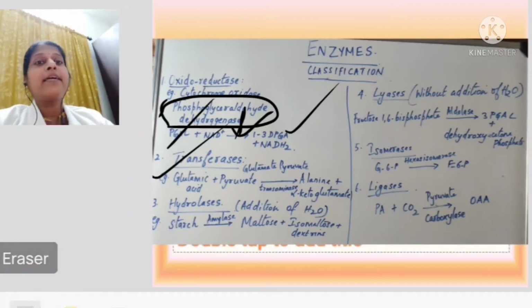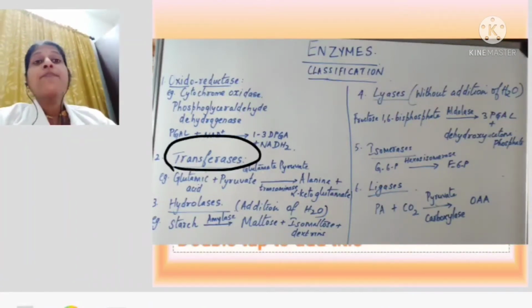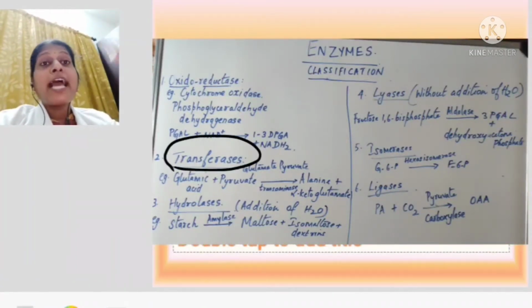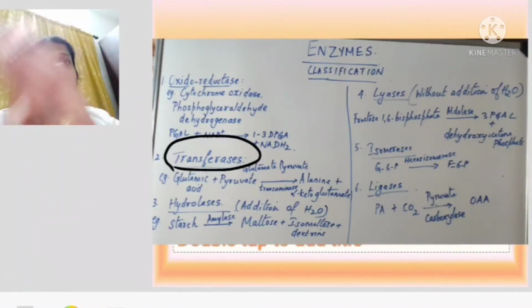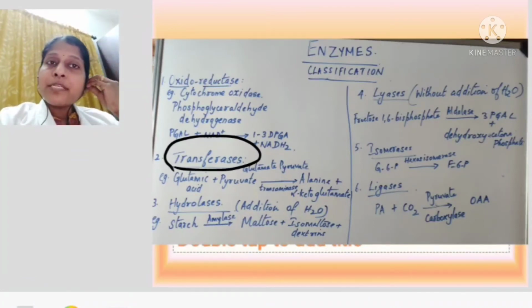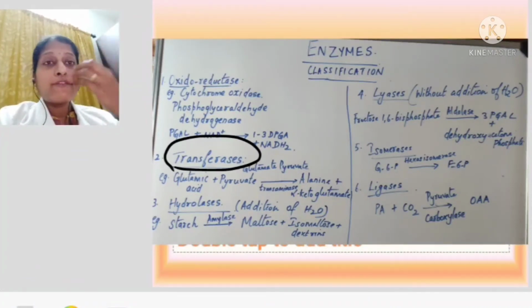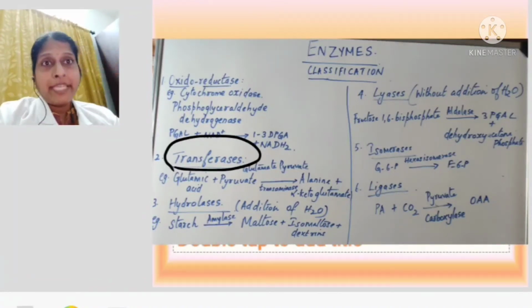So the second category of enzyme is what? The second one is your transferases. As the name suggests, transferases help in transferring groups, transferring any one of the groups from one to another. Like for example, if amino group is transferred, then it is aminase.